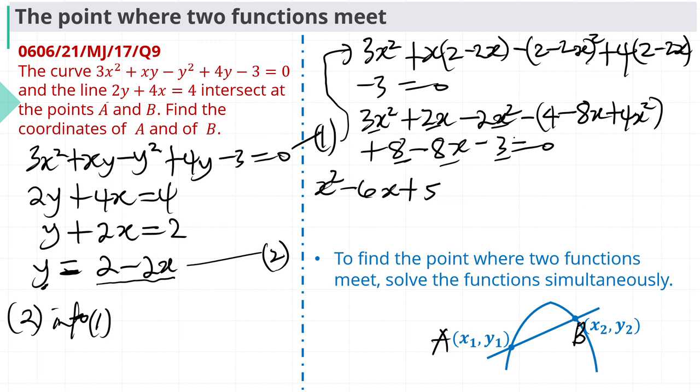Now we are left with the bracket to expand. The negative sign here multiplies everything in the bracket, we get minus 4 plus 8s minus 4s² equals 0. Simplifying further, s² minus 4s² gives us minus 3s².